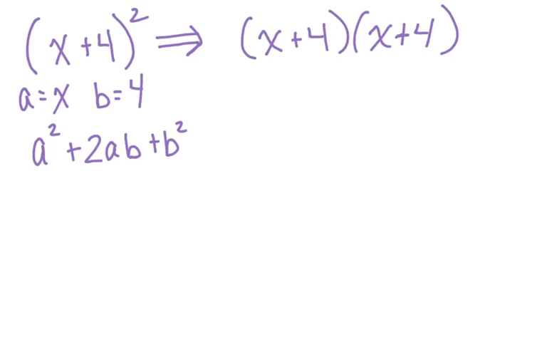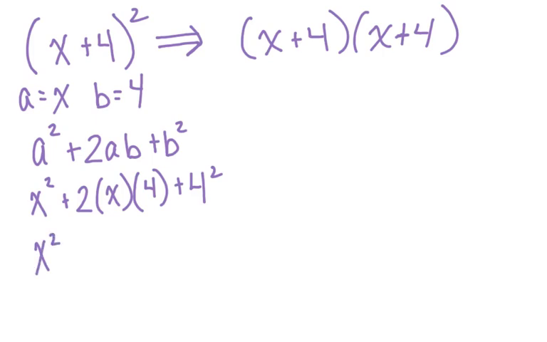Filling in what I know, a is x, so that's x squared plus 2 times a, which is x, times b, which is 4, plus b squared. And then simplify. I wrote b squared when in reality that should be 4 squared. So simplifying, you get x squared plus 2x times 4 is 8x plus 4 squared, which is 16. And that would be your final answer.